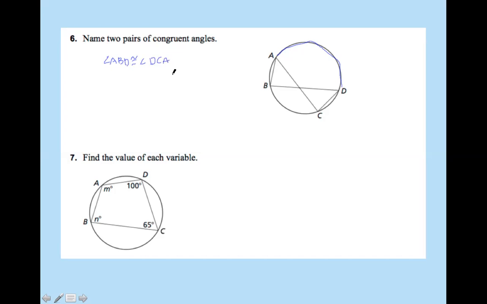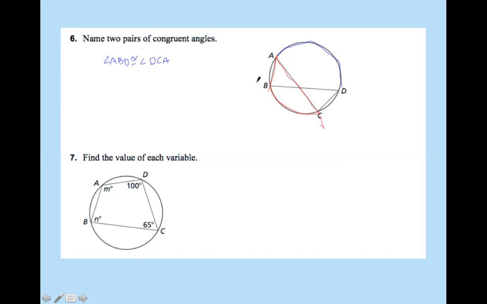All right, we're supposed to find another pair, so I'm going to switch colors here. Okay, so this time it looks like I have this arc here at the bottom of the circle. I could look at this arc right here because I can see a couple of angles that intercept that arc. So it's arc BC. If I extend the sides of this angle, that certainly intercepts that arc.